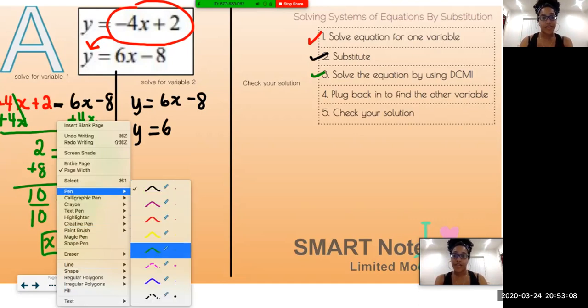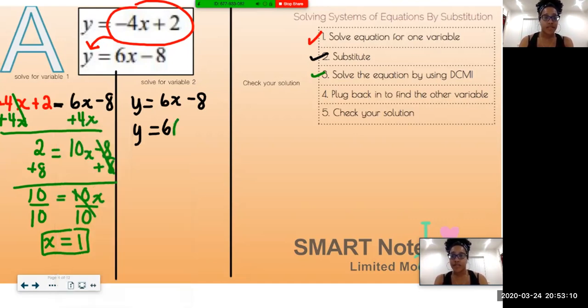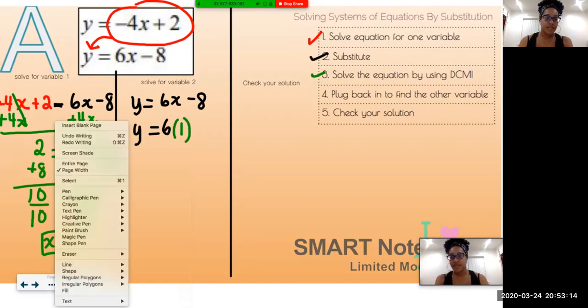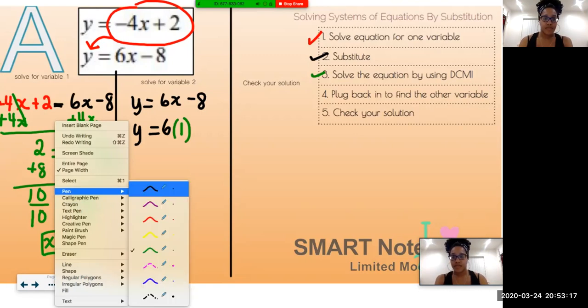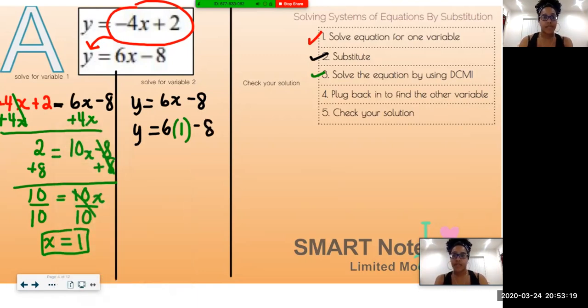Because I know what x is, x is 1. We figured that out here. Minus 8. So y is equal to 6 times 1, which is 6, minus 8. So y is equal to negative 2.